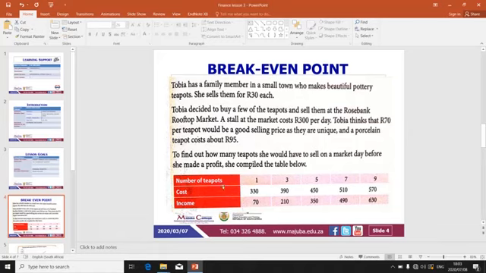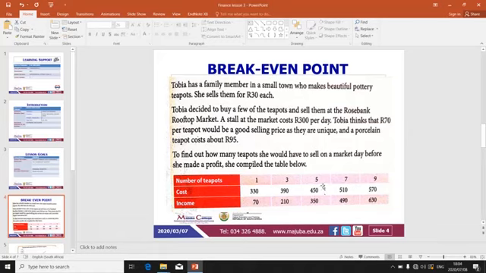For one teapot, what is the cost? Remember, it's 300 rand per day plus 30 rand, which gives us 330 because there's one teapot. For 3 teapots, 3 times 30 is 90, and 90 plus 300 is 390.